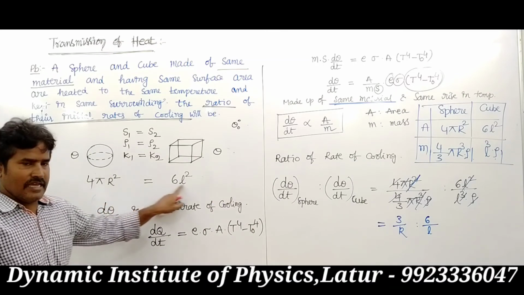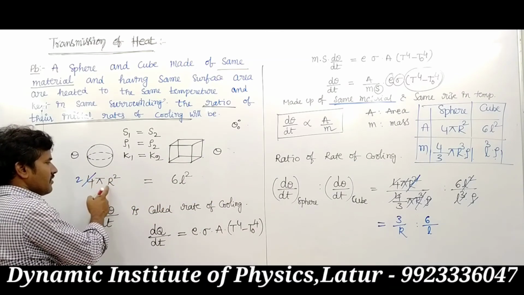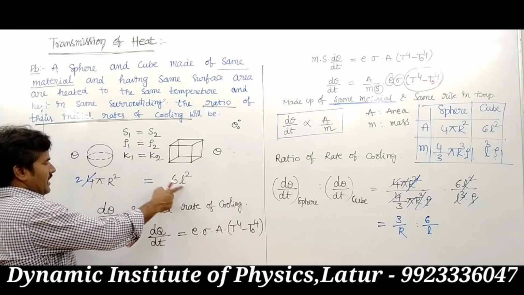You know that their surface areas are equal. So suppose 4 pi r square equals 6 l square.